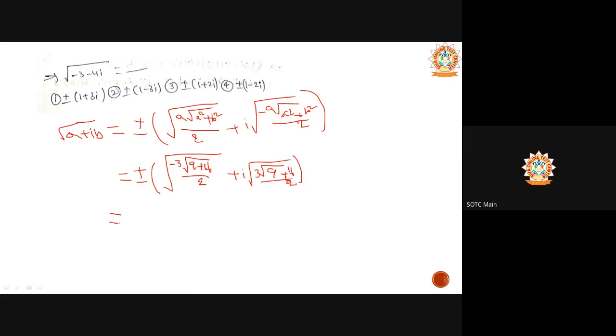Now what will become? Plus or minus under root of minus 3 plus, so it is under root 25, that is 5, right? Divided by 2, plus i into under root of 3 plus 5, 15 by 2.